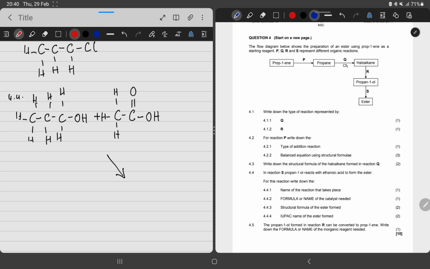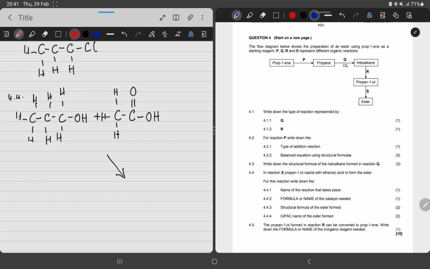Okay. So during esterification, when we take an alcohol and then react it with carboxylic acid, we produce the corresponding ester plus water. So it means that when these two react, we need to eliminate water and then also form an ester.